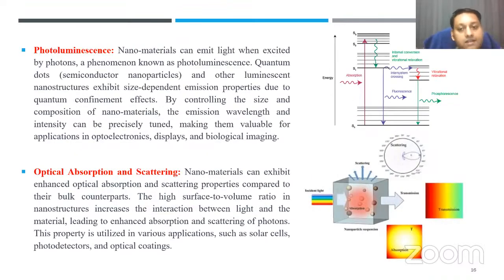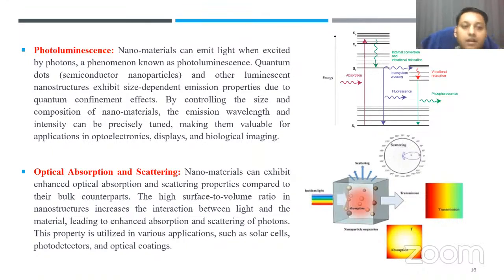Now another interesting optical property is photoluminescence. When nanomaterials are first excited by photons, electrons transit from a lower energy state to a higher energy state, and then those electrons lose energy and move to different intermediate energy states.